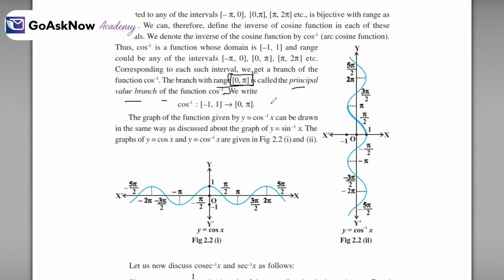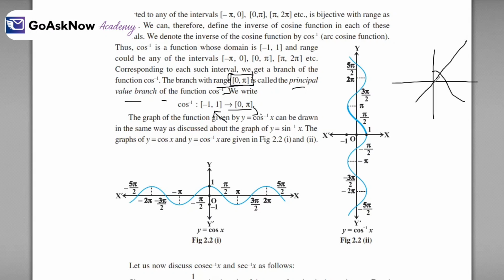Okay. So cos inverse has the domain, I have already told you, -1 to 1, and the range is 0 to pi. And the graph, I can tell you, is like this: if you have the graph of the cosine function, and you have y equal to x, the graph is like this only.